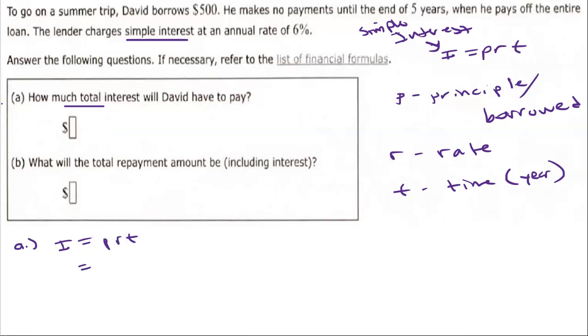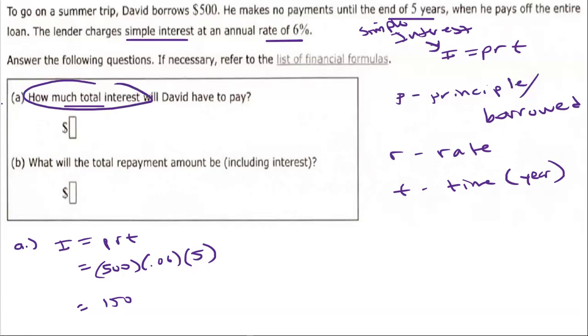The rate is the annual rate of 6%, so we need to convert that to a decimal, 0.06. And then time: we want to find out at the end of 5 years, so we just put 5 for T. When we multiply that out, we get $150.